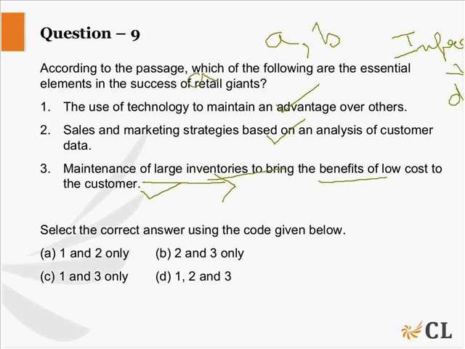Whenever we are doing RCs, we have to follow 3 things: tone, theme, and scope. Tone is the way in which the author is writing. Theme is what he is writing. And the scope is to what extent he is writing. That is what we are talking about, guys.